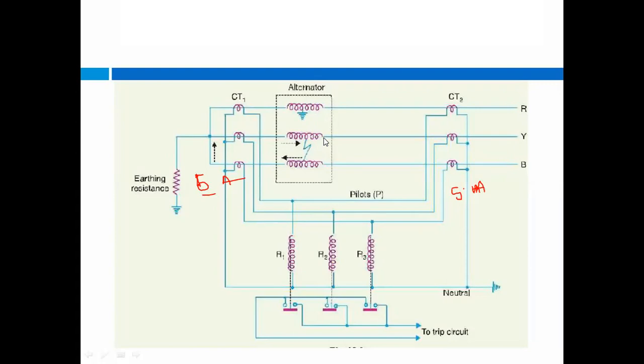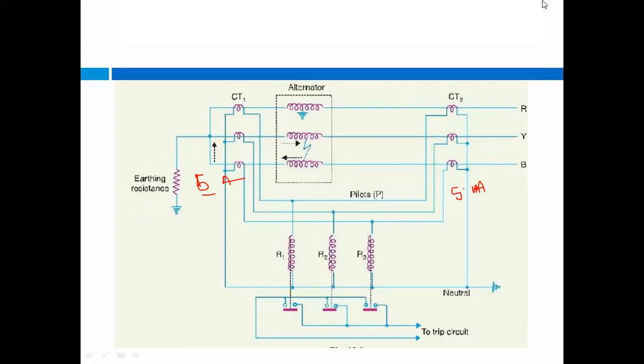Before the transmission line, whatever winding we are grounding, at that point this voltage is the same, and the CTs we are using in the transmission line also have the same voltage. Voltage is not changing here, just like the transformer.